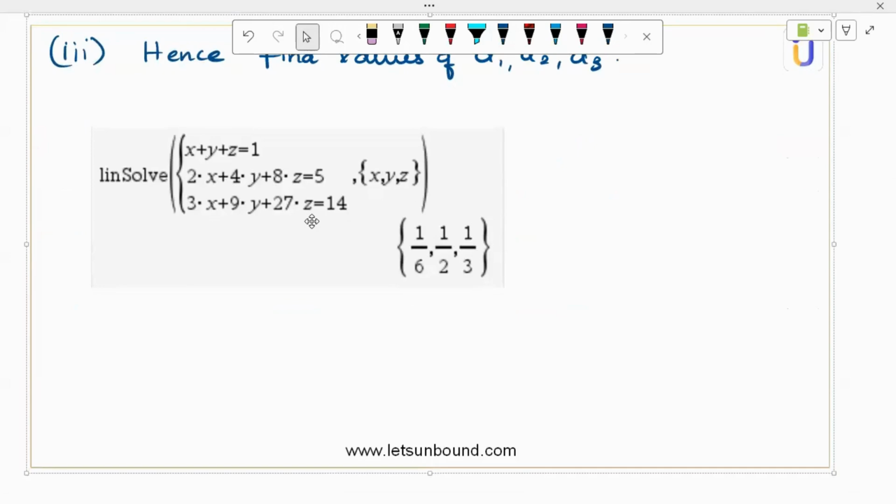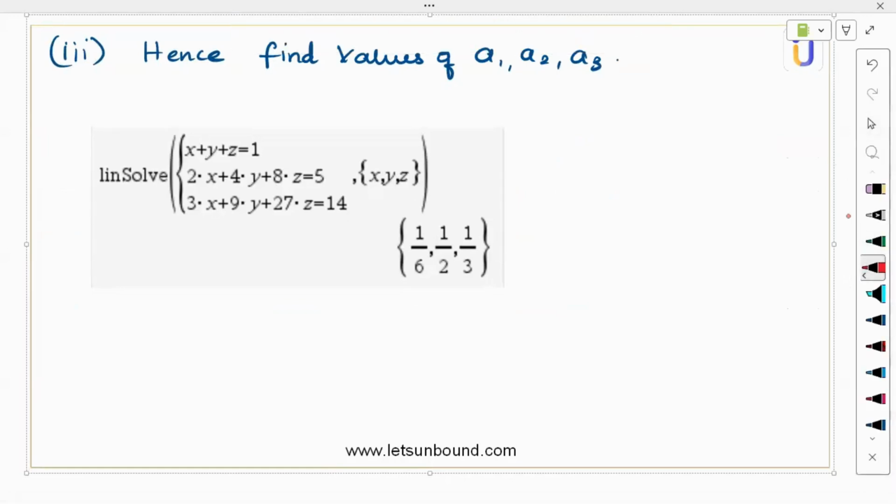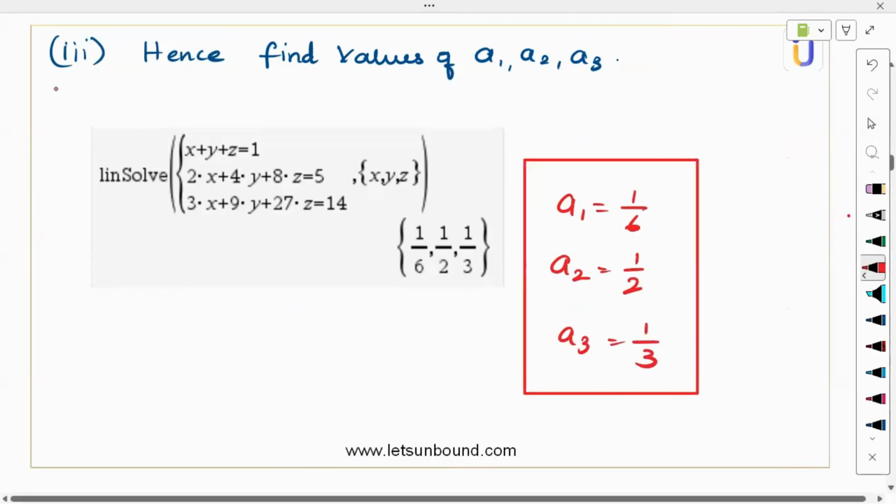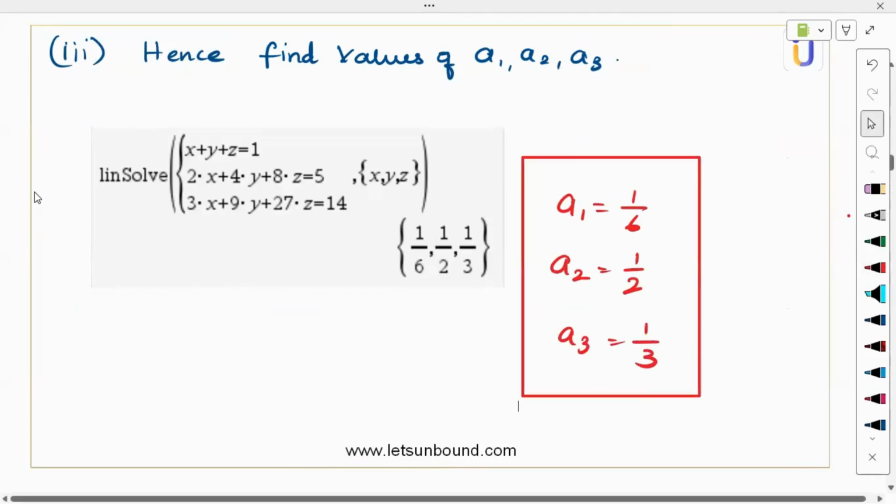And here we go. My a1 is 1 by 6. a2, it's 1 by 2. a3, it's 1 over 3. That's it. We have completed this. And let's get into the next part.